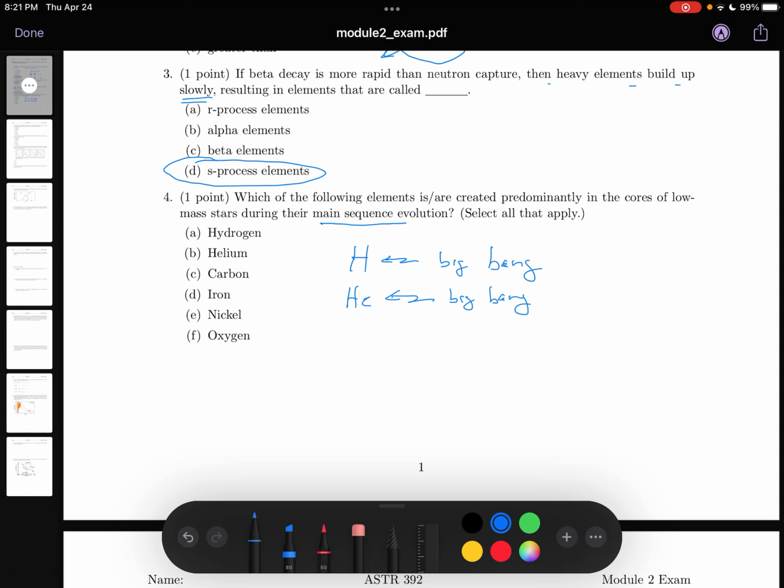That's okay for a low mass star, right? The sun fuses hydrogen to helium, and then in a low mass star you can also get helium to carbon, and some can even go on to oxygen. So those would be okay. In the main sequence, our sun will not get up to iron, and nickel is really something that's heavier in mass than iron and is created in the supernova explosions.